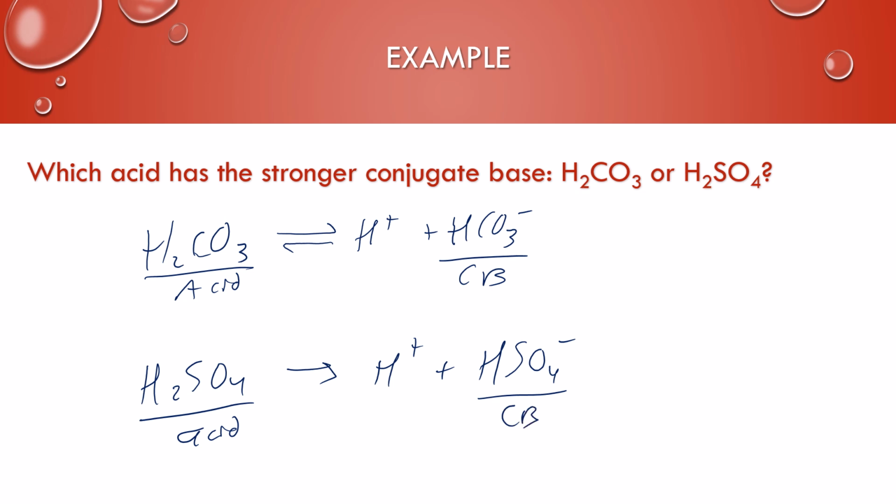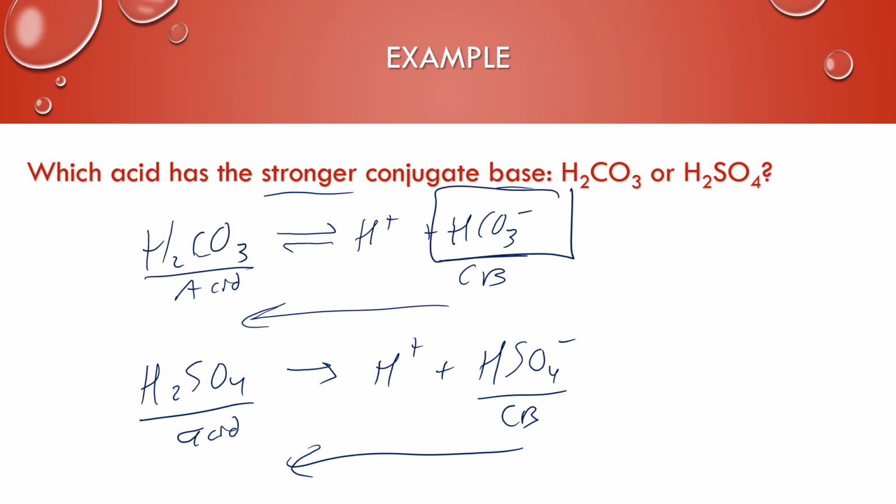So it's saying which one has the stronger base? Well, that means we want to know which one is more likely to go in the reverse direction and attract a hydrogen to it. So you see stronger conjugate base, which one's more likely to attract the hydrogen to it? That's this thing, because you actually have a decent possibility of it reforming into H2CO3.